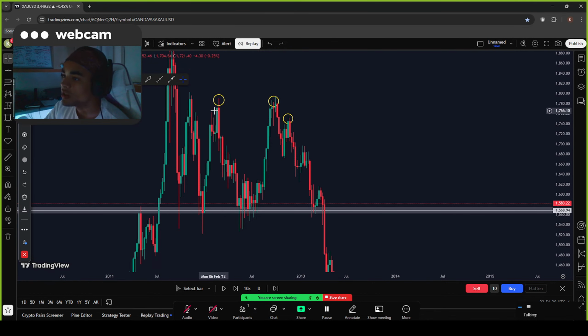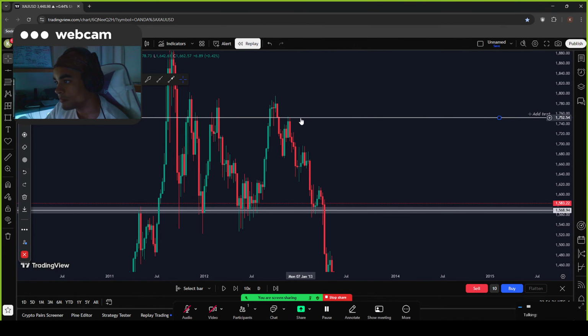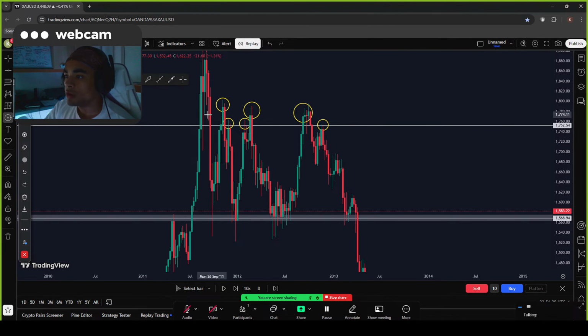But what I do is take the lowest wick and then draw the rectangle as per. So I'll take this wick, for example. This covers your resistance. This whole move covers your resistance. This move covers your resistance. So these are just better areas to grab your sell position.